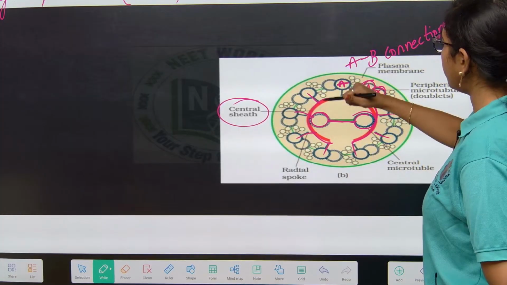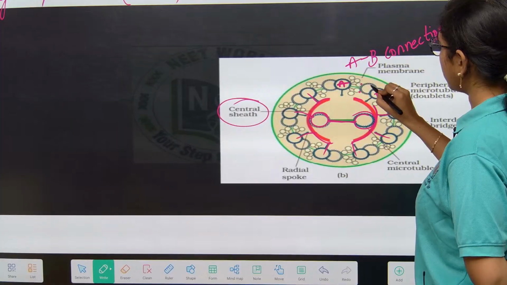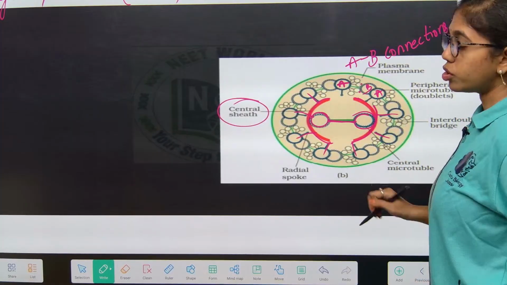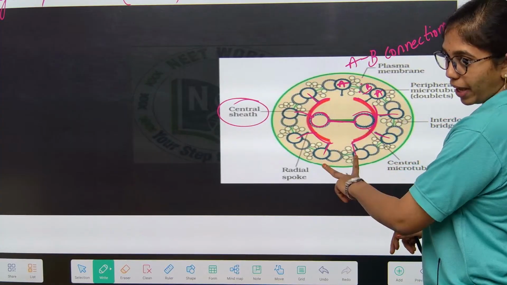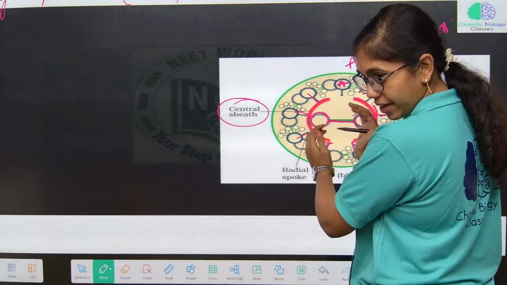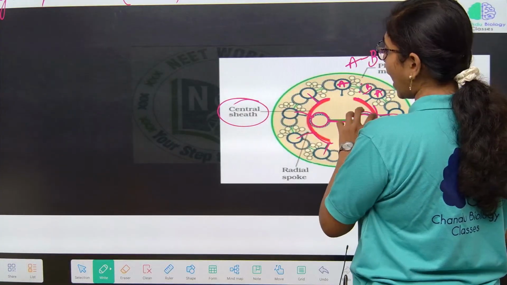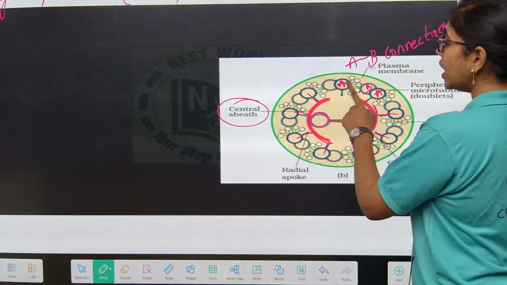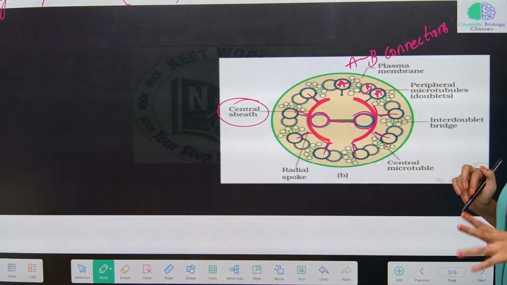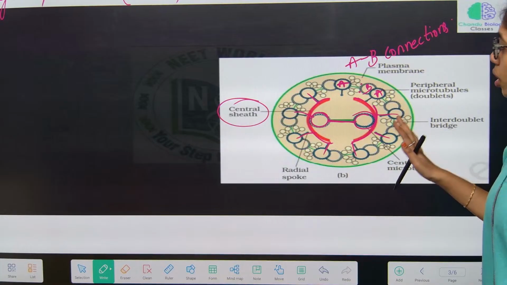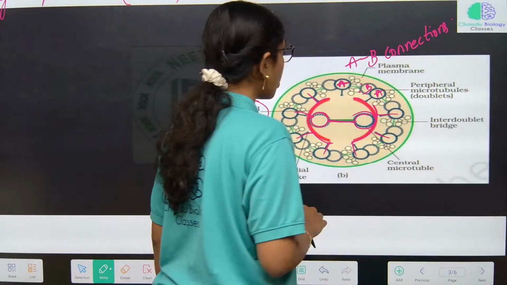At the center you have two central microtubules surrounded by a central sheath, which has 9 radial spokes, each with 2 microtubules.